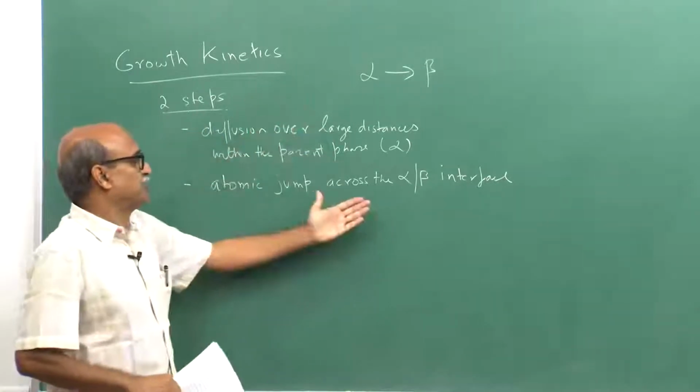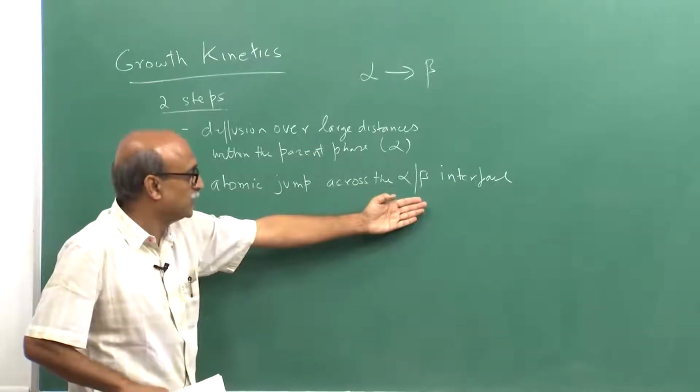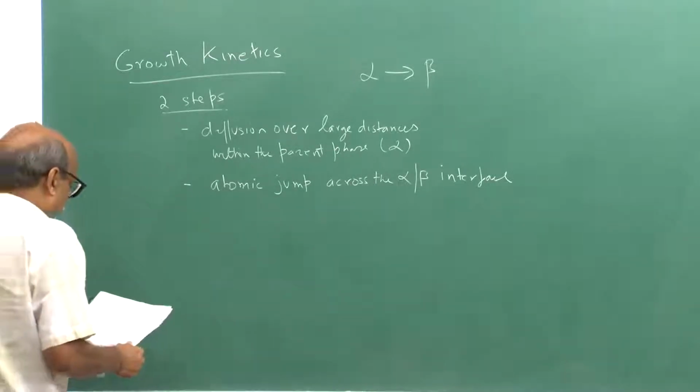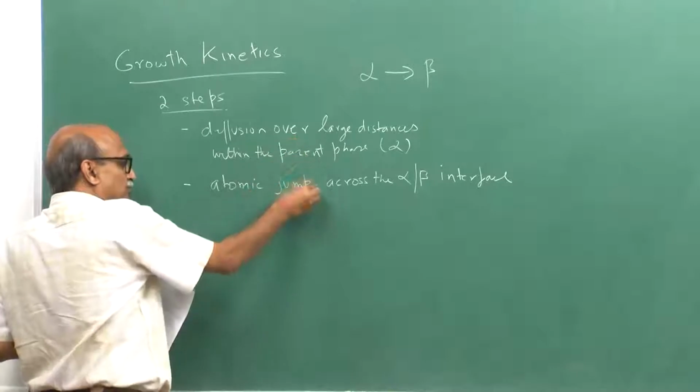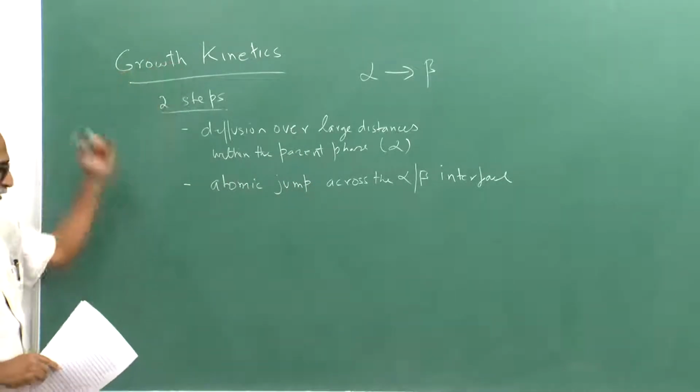An atom has to jump from the parent alpha phase to the beta nucleus in order for the beta to grow. So, both the steps would then govern the growth kinetics.